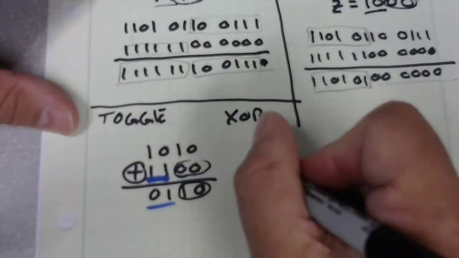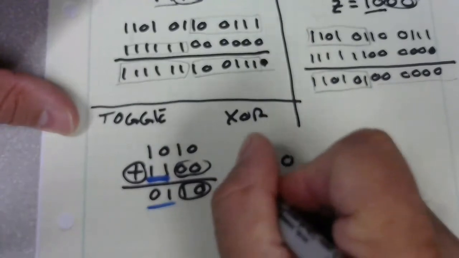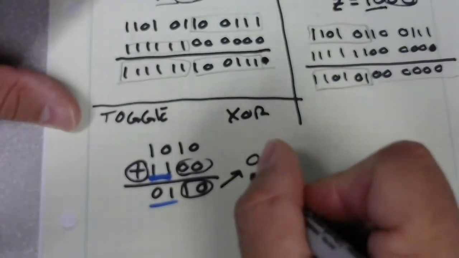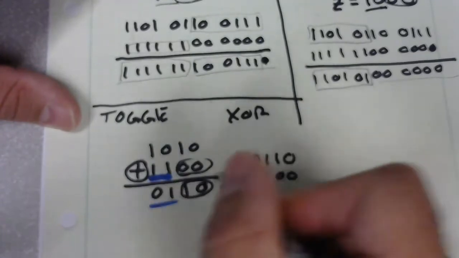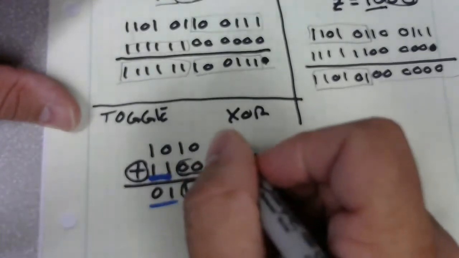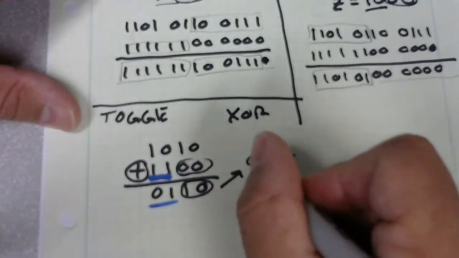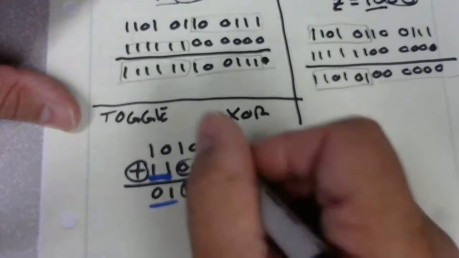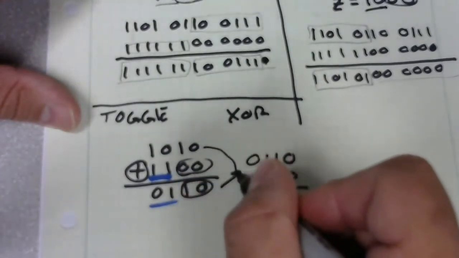By the way, if you take 0 1 1 0, which was our answer here, and we toggle it again with 1 1 0 0, the same thing we had toggled it with before, what do you get? You get 1 0 1 0. So you get your data back. That was this answer right here.